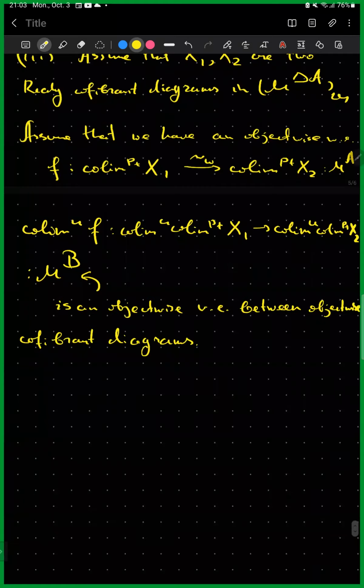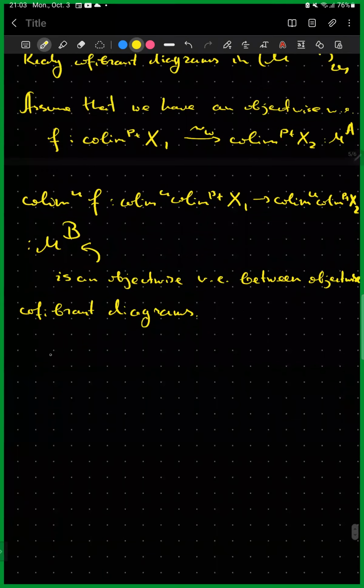So we start showing it by constructing the following commutative diagram. So first of all, we have a trivial cofibration followed by a trivial fibration, which goes into P upper star T of Et, colimit of x2.